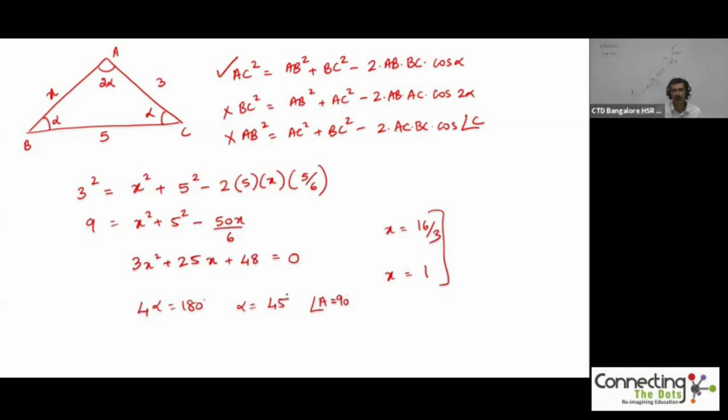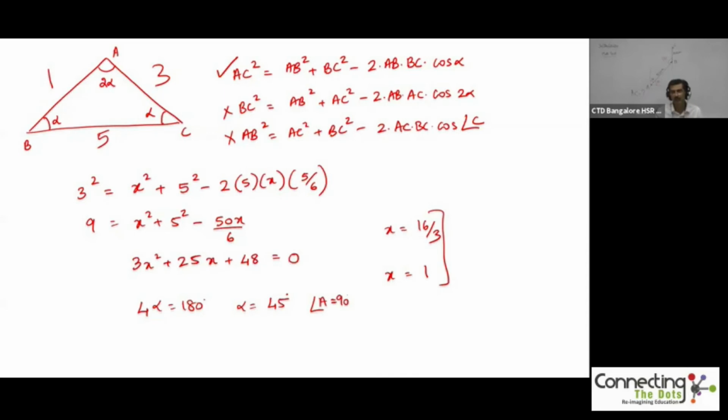Would you discard one of them? I mean, it couldn't be 1. Why couldn't it be 1? Because you cannot form a triangle with 1, 3, and 5. You cannot.